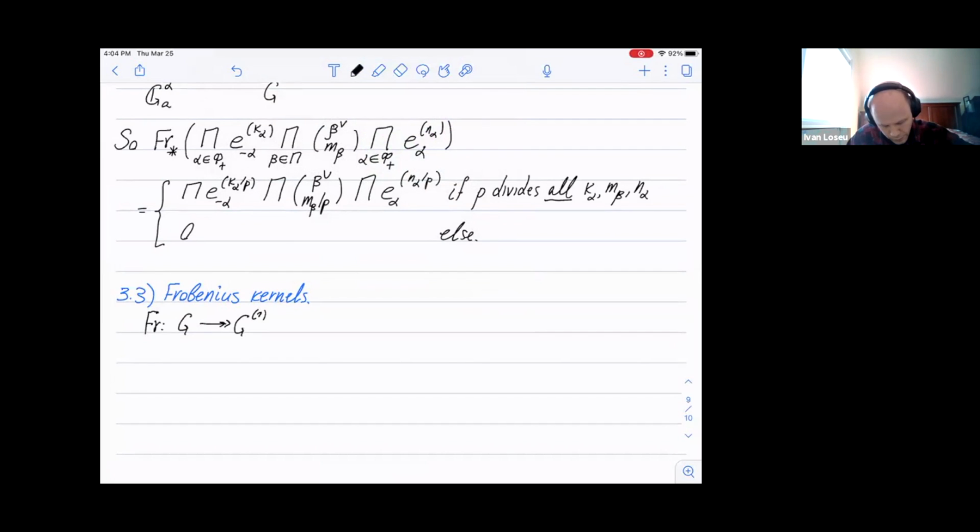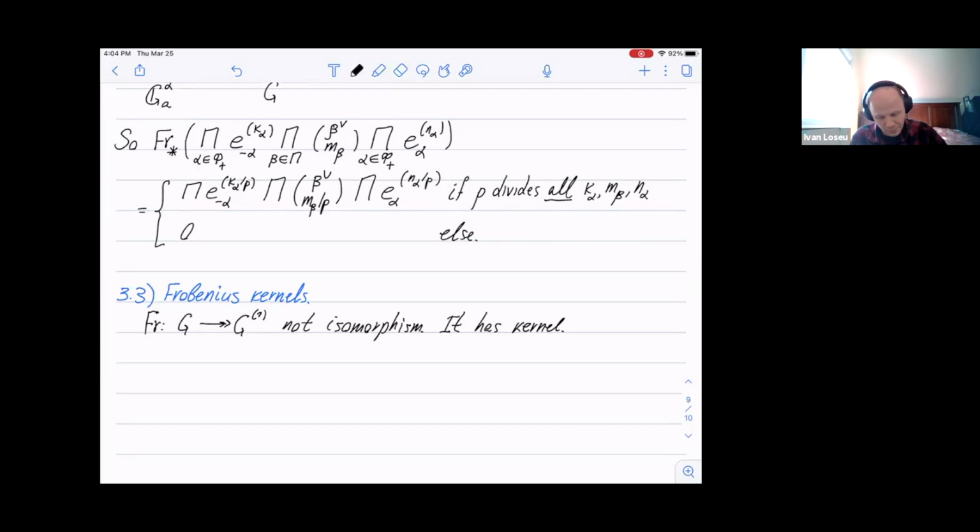But it's not an isomorphism. It has a kernel. And this may sound surprising because Frobenius is clearly an injective map. So on the level of points, the kernel is trivial. It's just the unit element. But as a group scheme, it is not trivial.